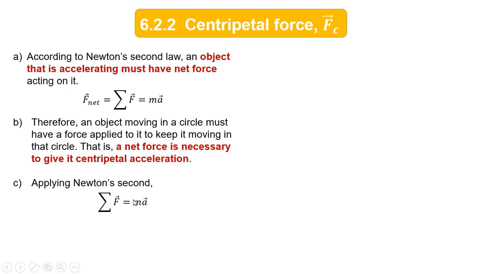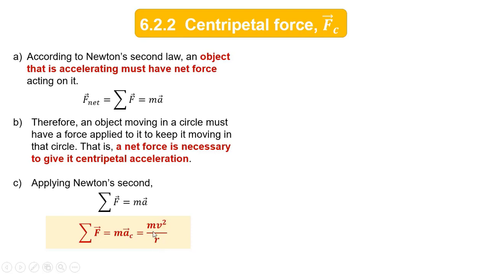Applying Newton's second law, summation of F equal to ma. Since in uniform circular motion only centripetal acceleration exists, we can equalize the equation of net force, summation of F equal to m a_c, and also equal to mv squared over r.